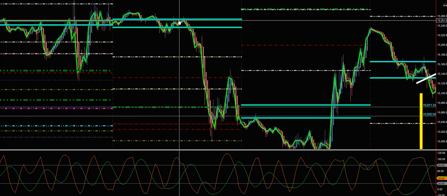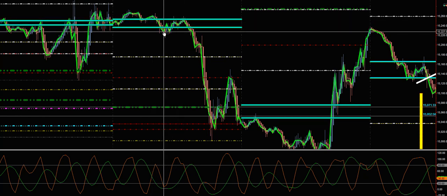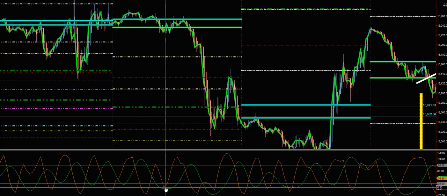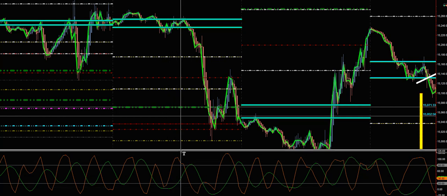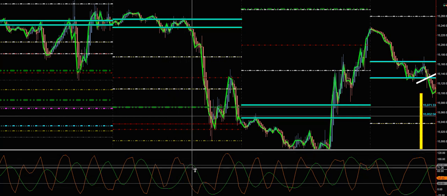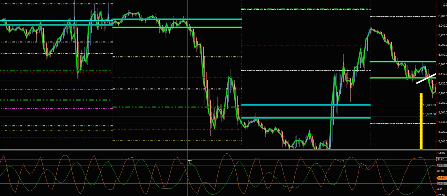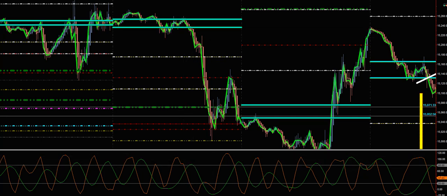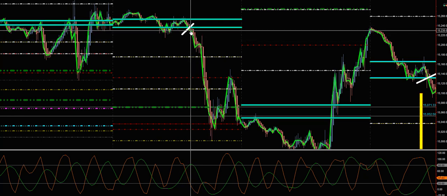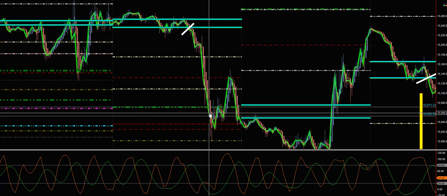So this is a nullification zone, and if you look at the oscillator, right? You don't want to be going short here. Let it pull on the other side, and it does. And now you put a buy stop, sell stop, boom.